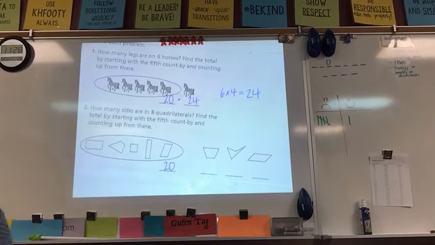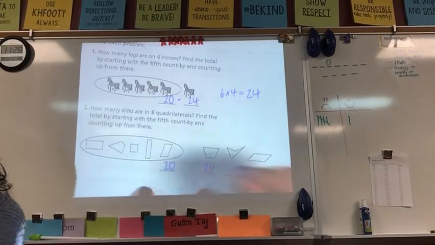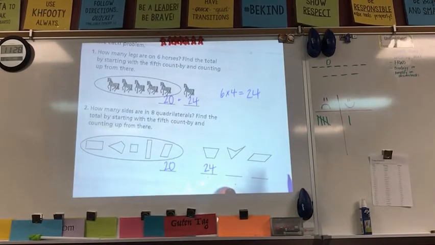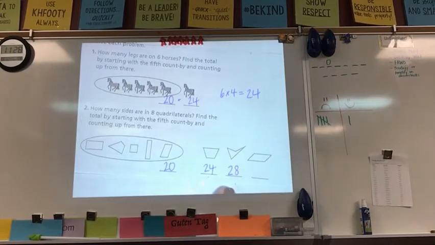Landon, can you tell me what my next count by is? What's 4 more than 20? 24. What's the next group of 4? Hendrix? 4 more than 24? 28. I love, he's using the squares on his math board. That's a smart tool to use.